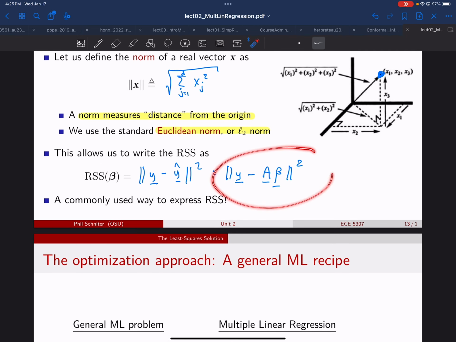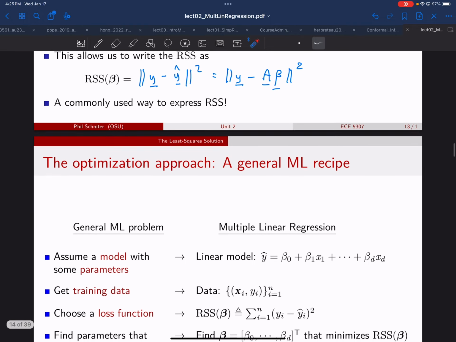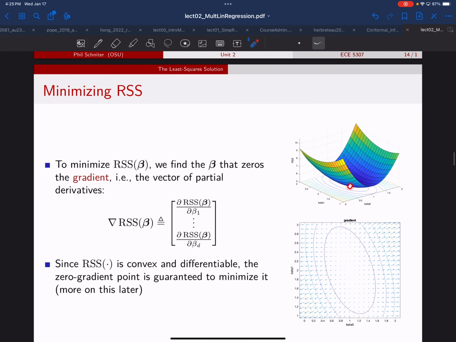And we're going to get into these details in a future unit, but this is what's known as a convex and differentiable cost, and that means that if we find the betas that set the gradient vector to 0, and we solve for those betas, we will have found the minimum. So again, the intuition is that if you look in any of these coordinate axes, when you're at the minimum, the slope of the cost is 0. So we want to find the point where the slope is simultaneously 0 in all directions. This is our gradient vector.